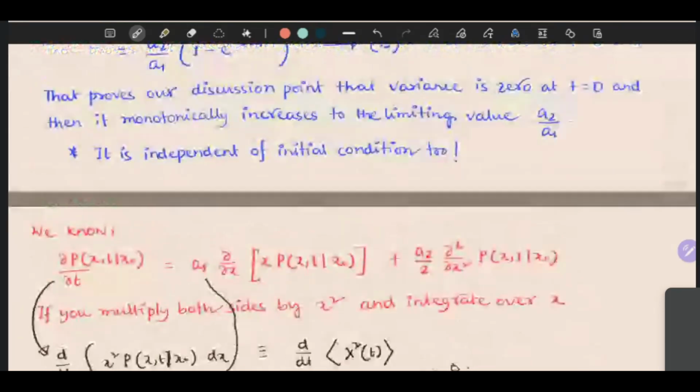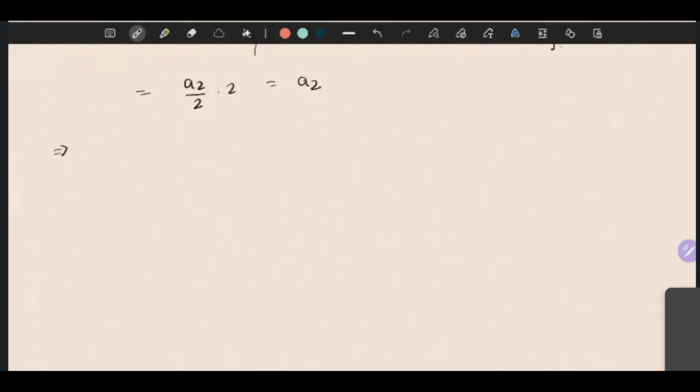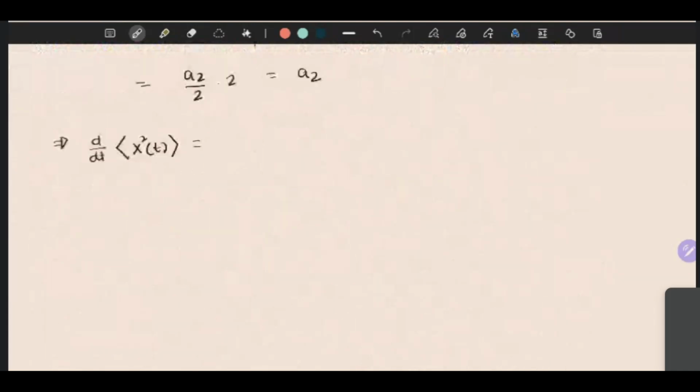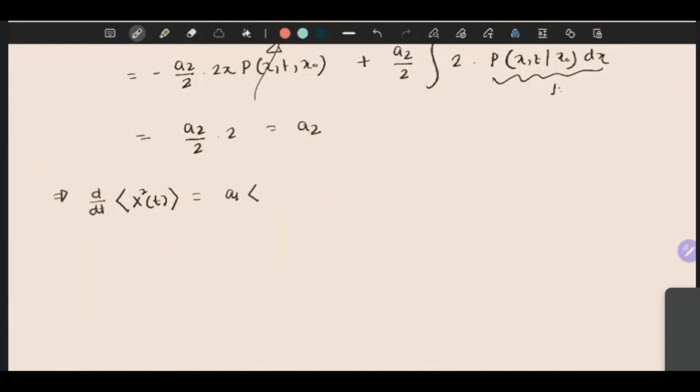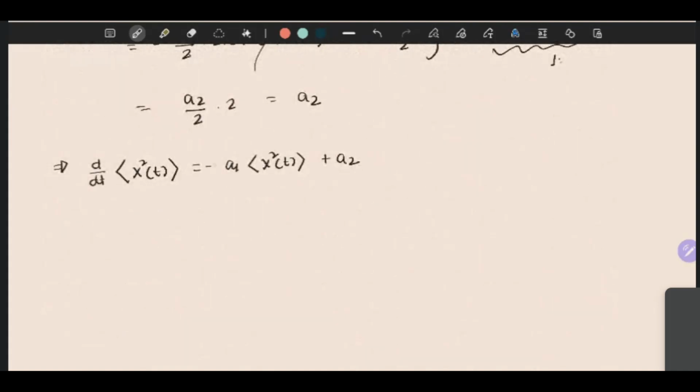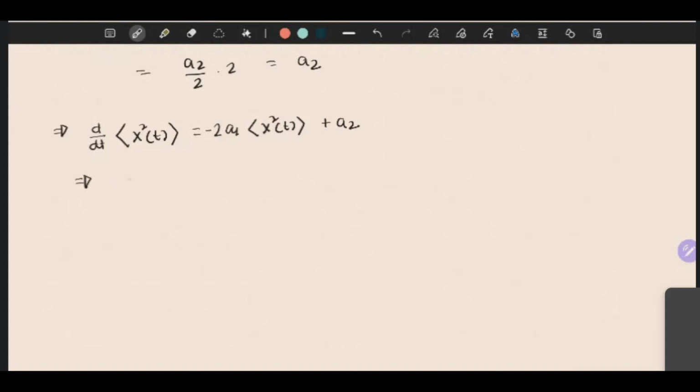Now substitute these things here, then your equation becomes d dt of x square of t is equal to a2 minus 2a1 x square of t, so after rearranging you get this.